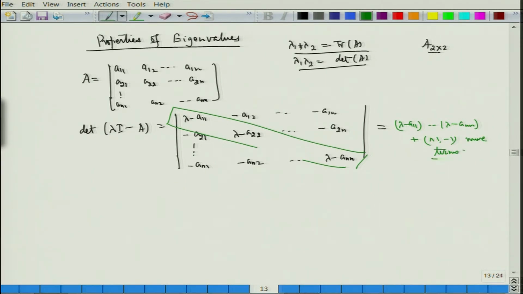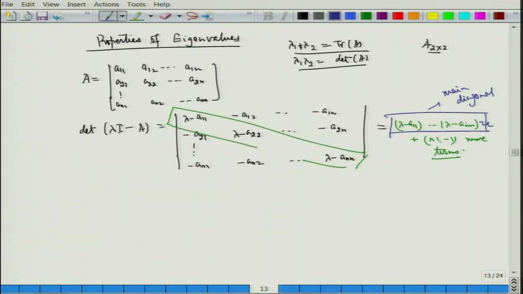So, when we compute the determinant, there are n factorial terms. Out of those n factorial terms, I have one term which is this, which corresponds to the main diagonal, and then there are other terms also which are playing a role here as far as the determinant is concerned. So, since it is lambda minus A11 and lambda minus ANN, this itself is a polynomial of degree n and therefore, I will have degree n polynomial.